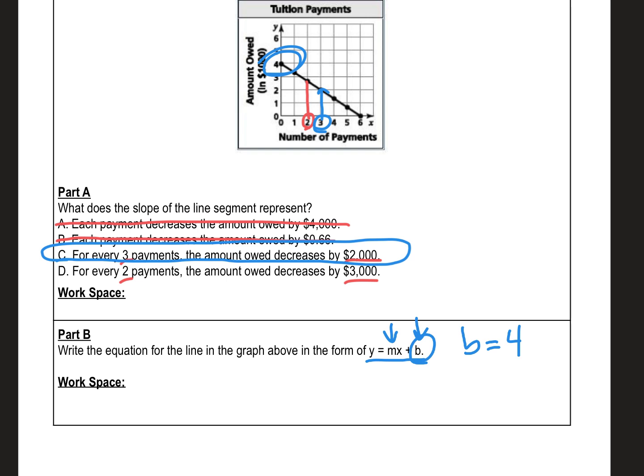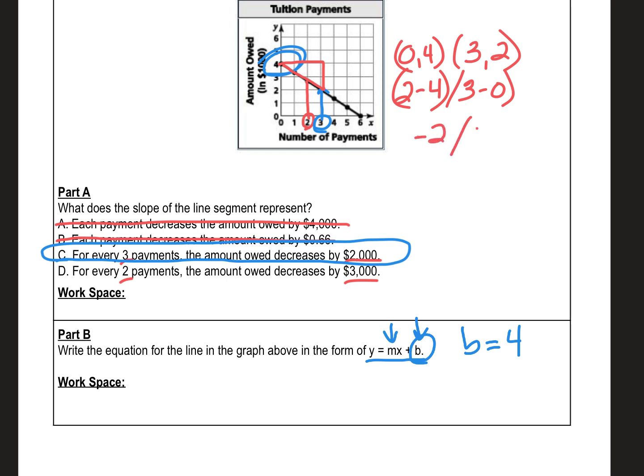If we use our triangles, we can use this triangle here, and I have the points (0, 4) and (3, 2). So again, we're going to do 2 minus 4, our slope formula, divided by 3 minus 0. 2 minus 4 is negative 2 over 3.